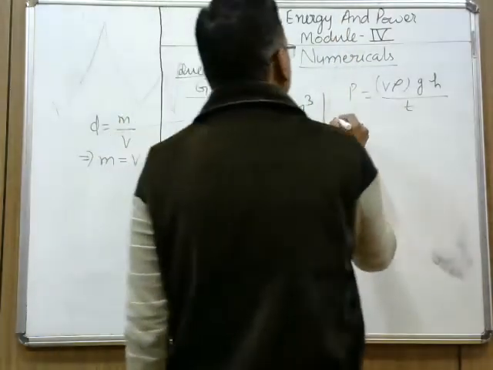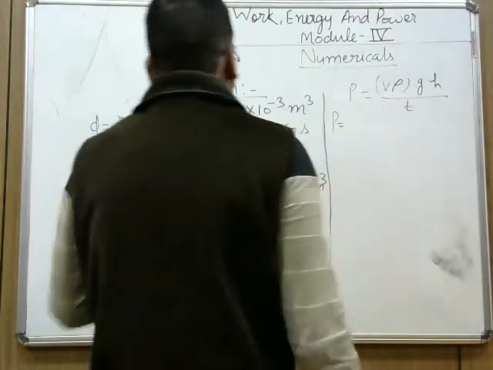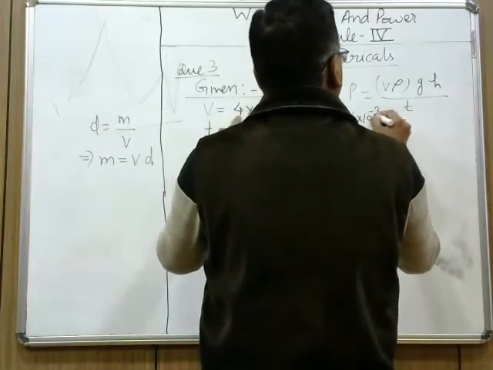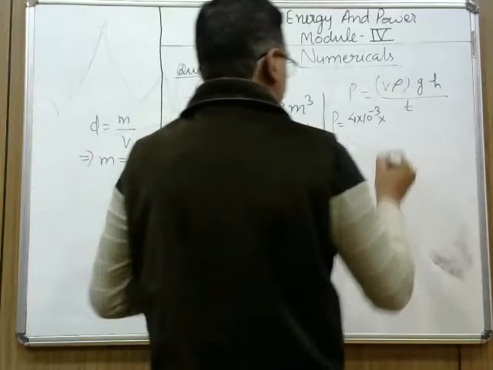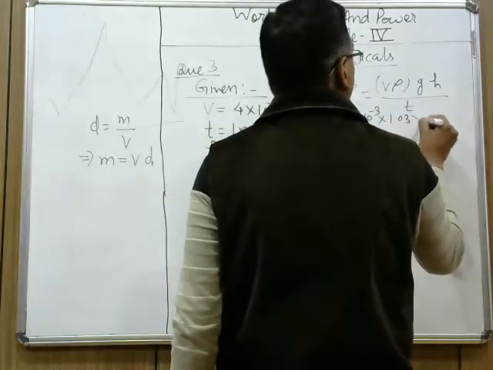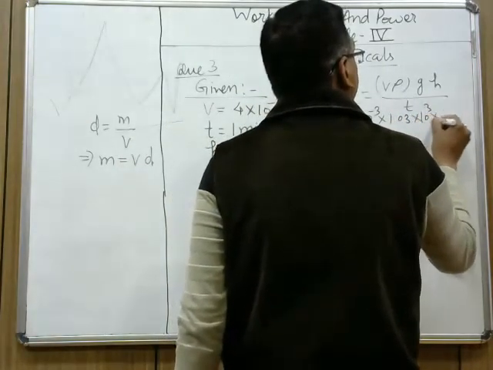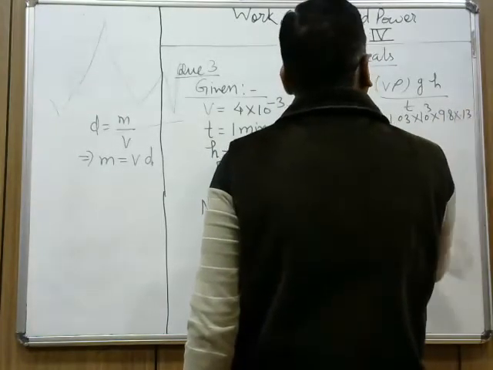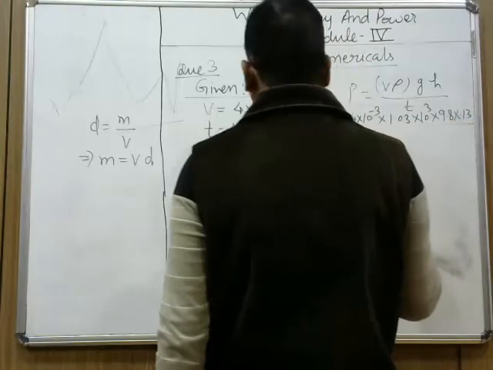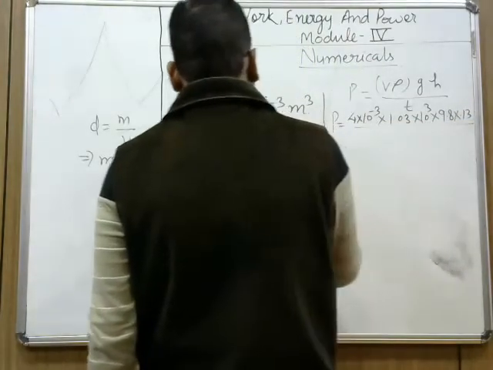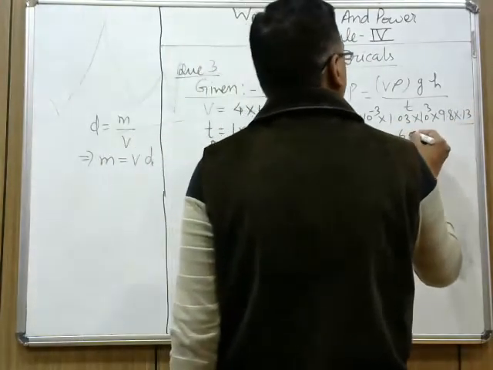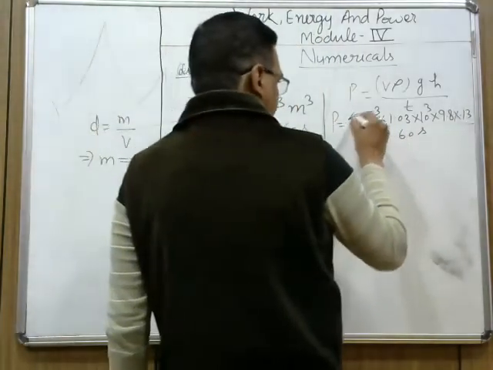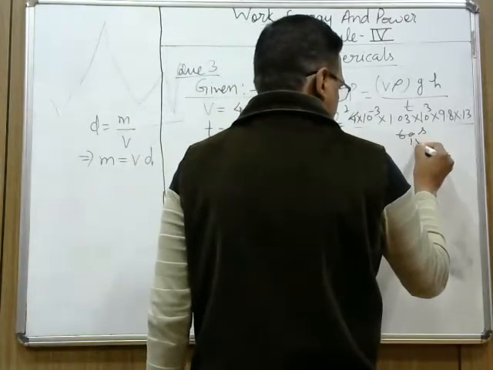I am substituting the values. I get volume is 4 into 10 to the power minus 3. Density is 1.03 into 10 to the power 3. g is 9.8. h is 0.13, upon time is 60 seconds. So I can divide this 60 by 4, 4 fifteens are 60.